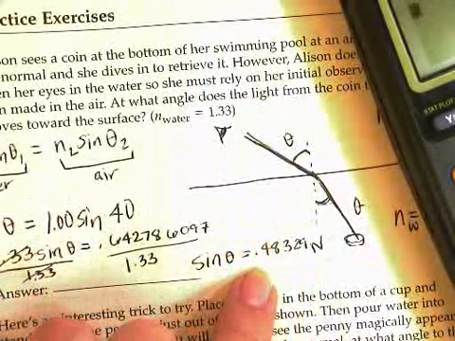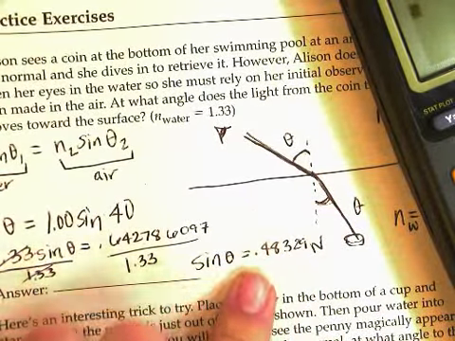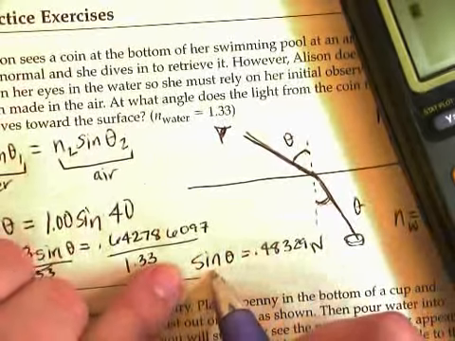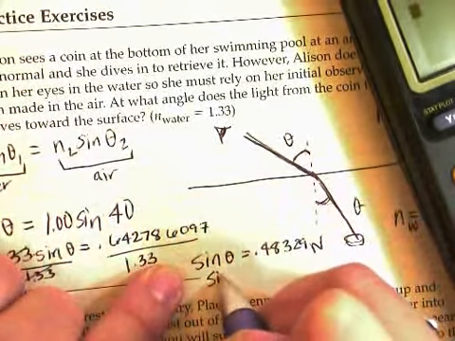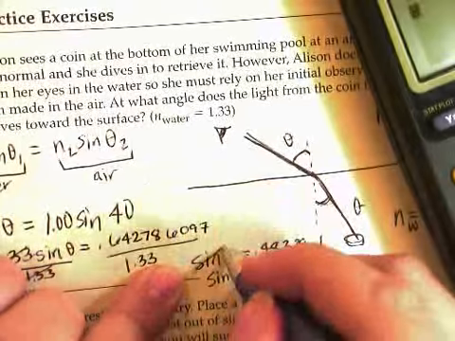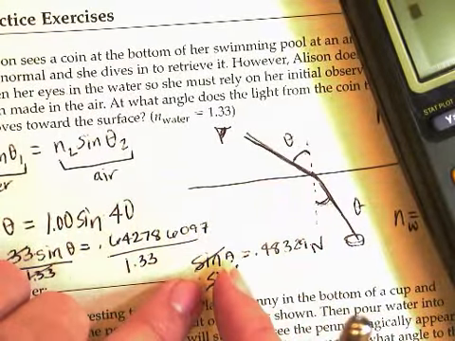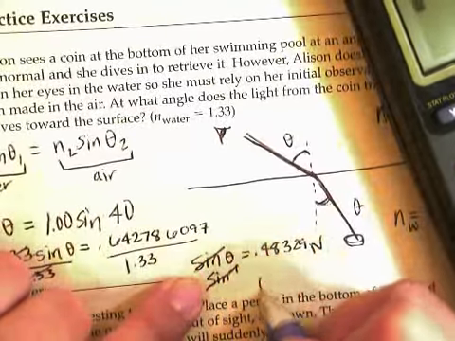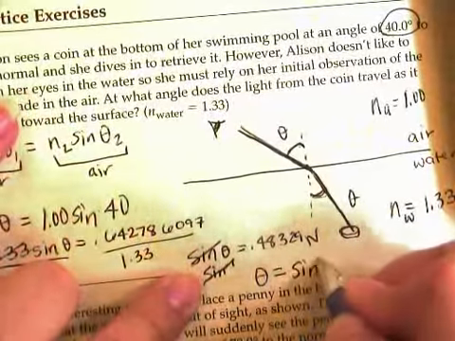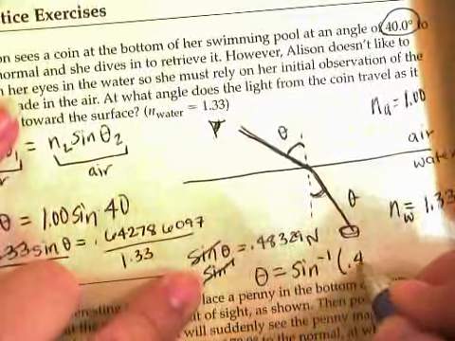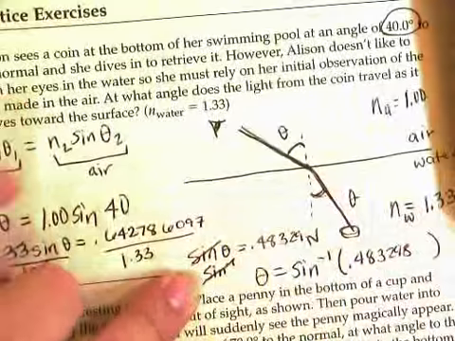This is the sine of theta. They're not asking for the sine of theta, they're asking for theta itself. So, to get rid of the word sine, you do what's called the inverse sine, and that will cancel out. Whatever you do to one side of the equal sign, you've got to do to the other. So theta is going to equal the inverse sine of 0.48329.